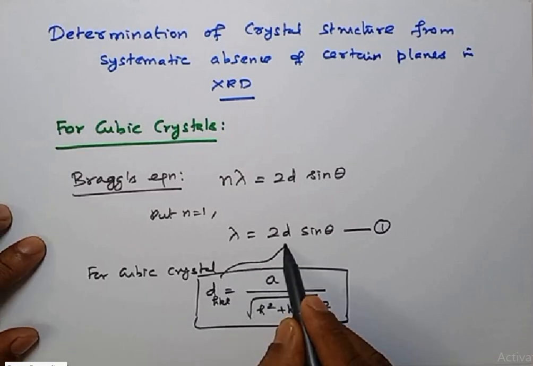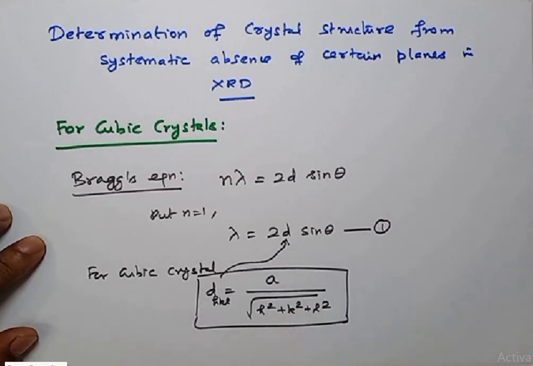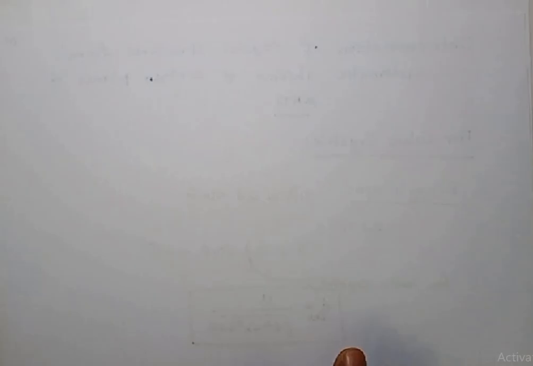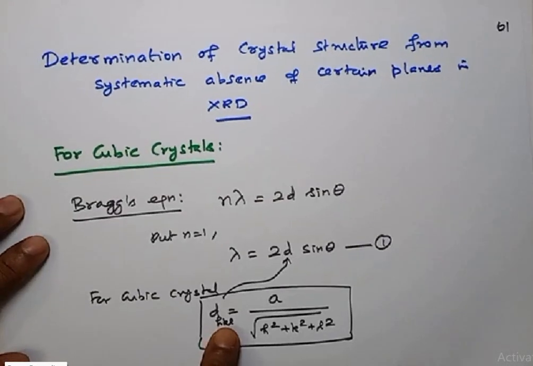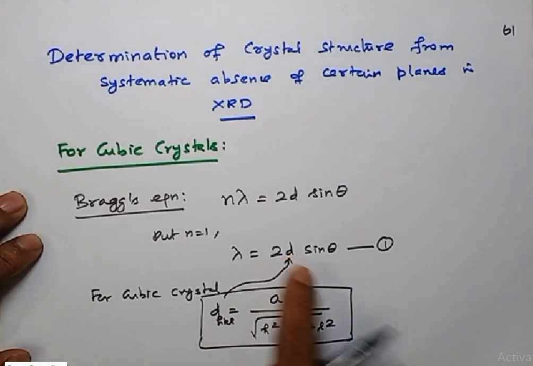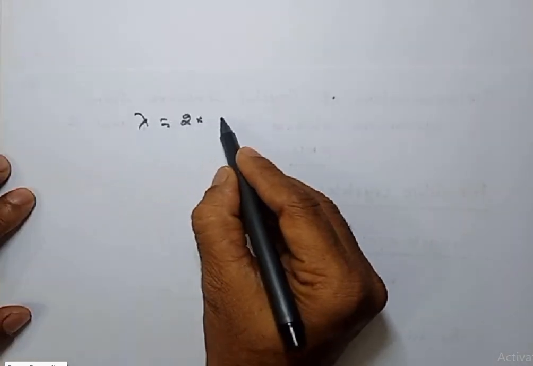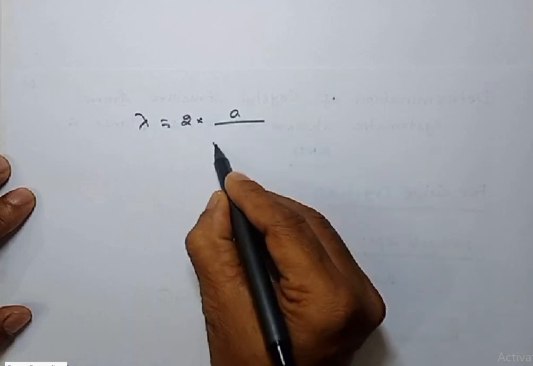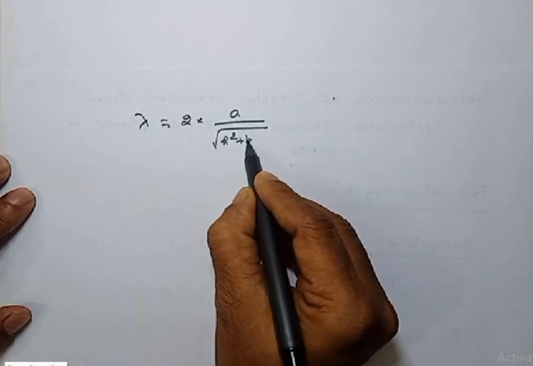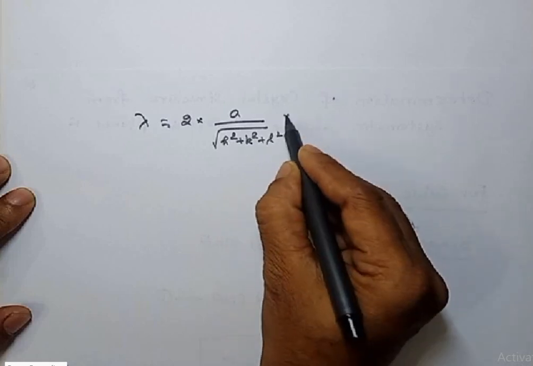I am going to substitute this in equation 1. Let me write in the next page. Now let me substitute this interplanar distance d for cubic crystal in equation 1. What I will get is lambda is equal to 2 into, in the place of d, a by square root of h square plus k square plus l square, into sine theta.